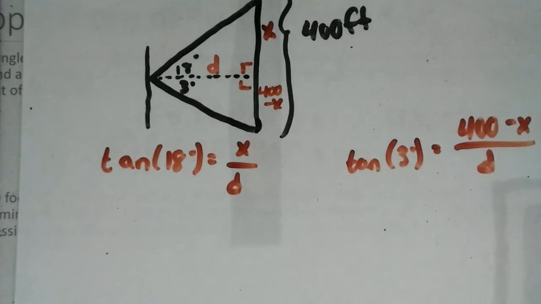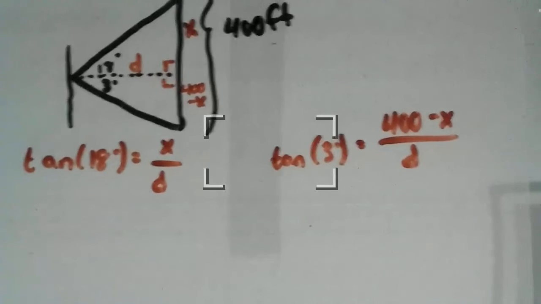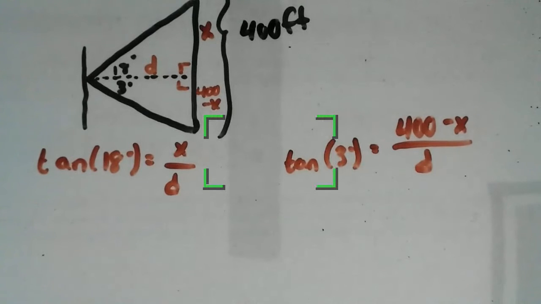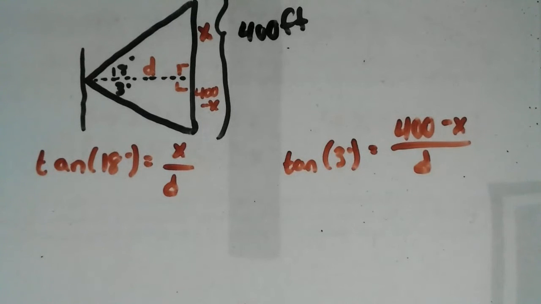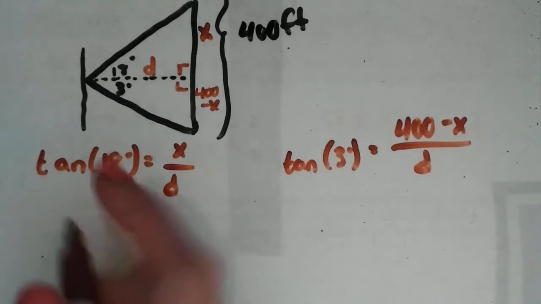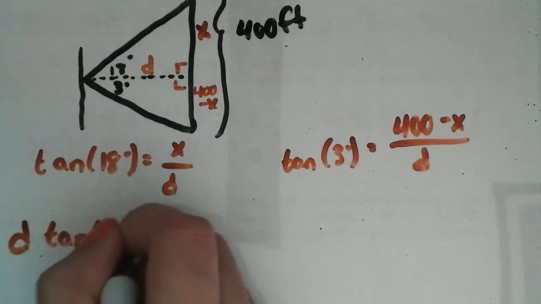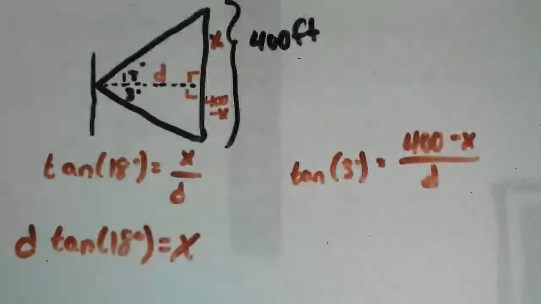But let's use a method that allows us to solve 2 equations that have 2 variables in it. It's known as substitution. To use substitution, we have to get one of our variables by itself first. So I'm going to take this first equation and multiply both sides by D. Then we'll have D times the tangent of 18 degrees is equal to X.